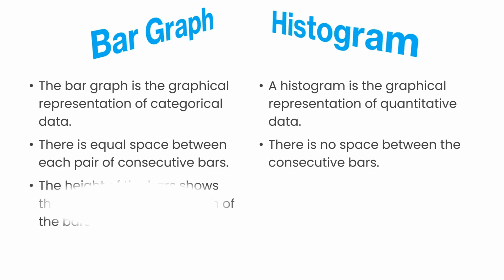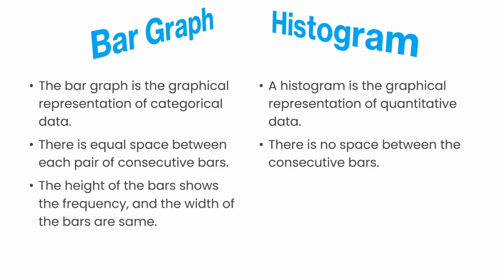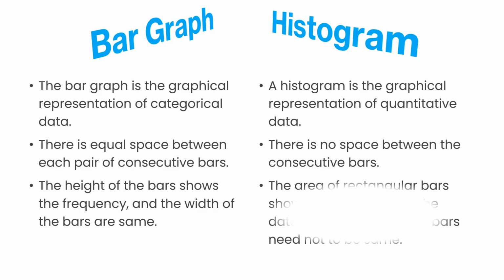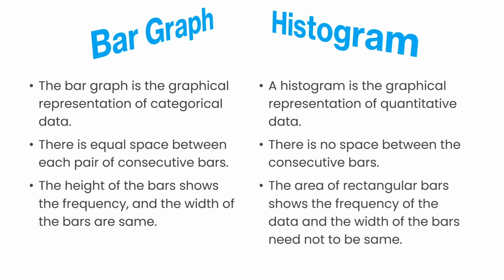And in the bar graph, the height of the bars shows the frequency and the widths of the bars are the same. But in a histogram, the area of the bar is proportional to the frequency. If I explain in other words, the area of a rectangle shows the frequency of the respective class interval and the width of the bars need not be the same.